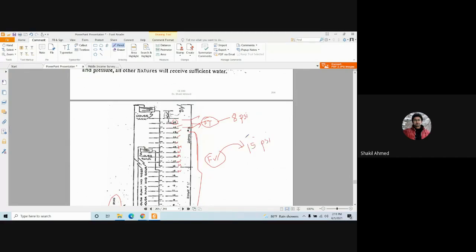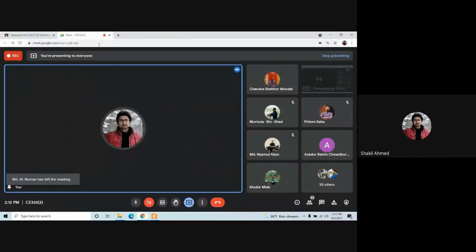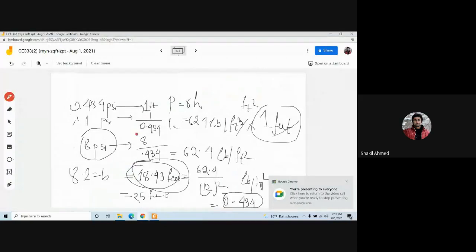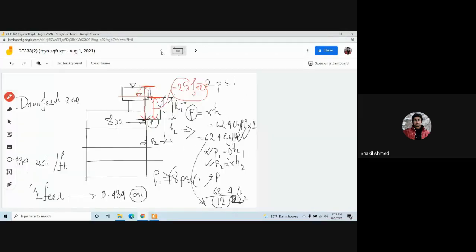So if you had given a flush valve here, then your required elevation would have been 15 divided by 0.434. Am I right? What is the value, guys? 34.56. That means you have to provide approximately 40 feet.